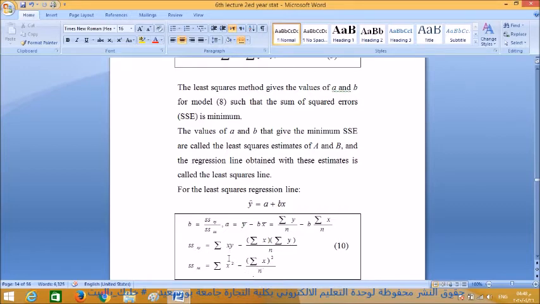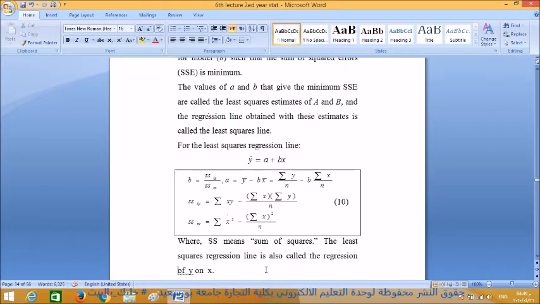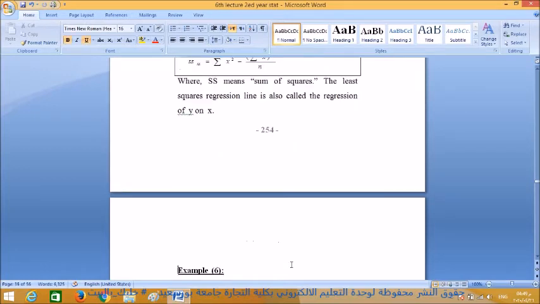So the difference between SSXY and SSXX is that you replace y by x: instead of xy you have x squared, and instead of sigma x sigma y you have sigma x squared, like this. SS means sum of squares. Okay, the least square regression line is also called the regression of y on x.